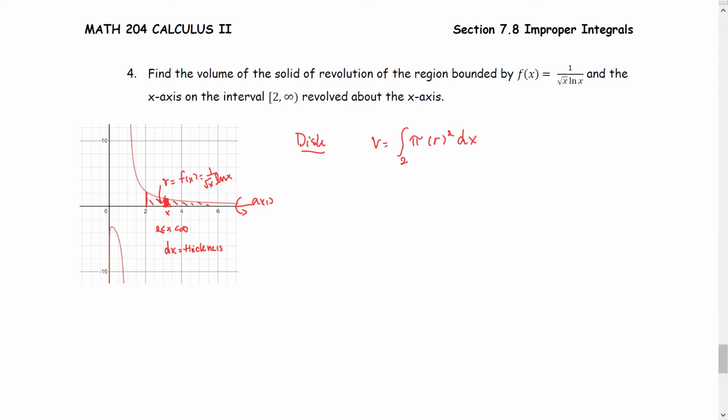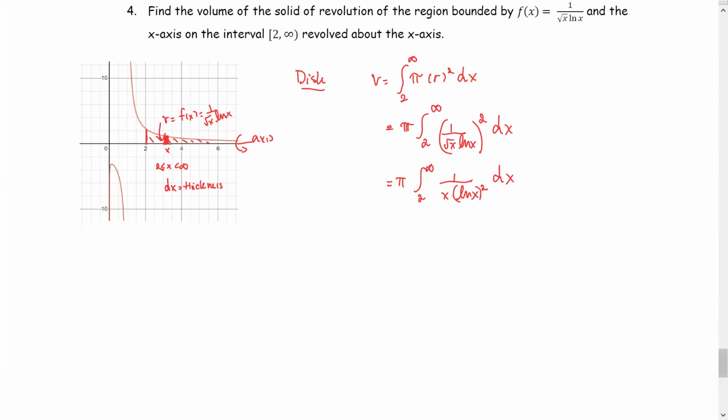The integral is from 2 to infinity. Now we write it as pi multiplied by the integral from 2 to infinity of 1 over square root of x times natural log of x, the quantity squared, with respect to x, or pi multiplied by the integral from 2 to infinity of 1 over x times the natural log of x quantity squared with respect to x. And this is an improper integral where the upper limit is in the infinity form.